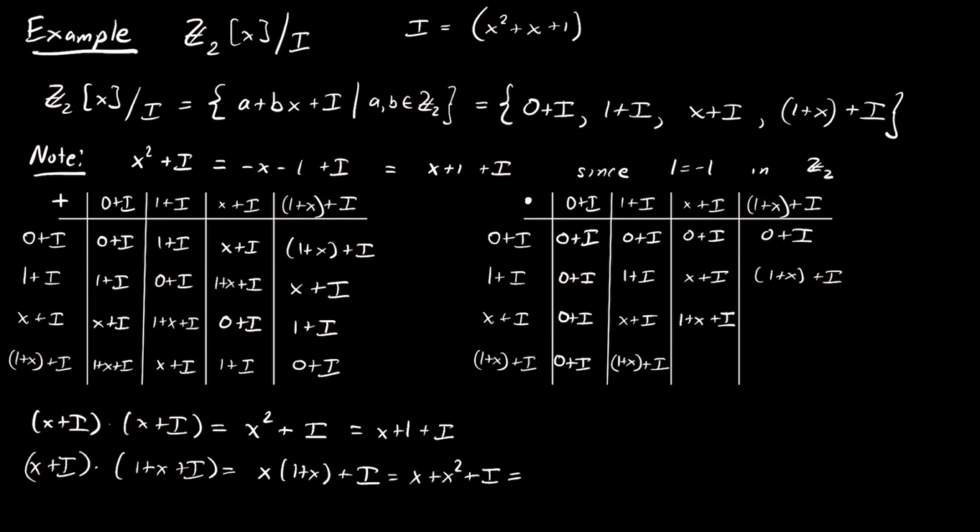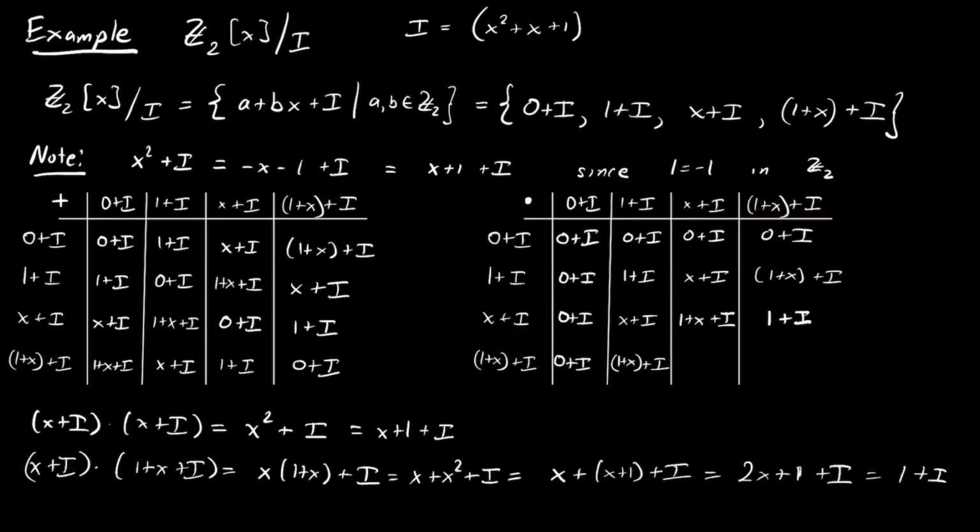Well, I know x squared is equal to x plus 1 in this ring. So it's going to be x plus 1 plus I. So this is going to be 2x plus I plus 1 plus I, which is equal to 1 plus I. Okay, so what I notice is that this guy becomes 1 plus I. So the interesting thing here is that x plus I times 1 plus x plus I ends up being 1 plus I.